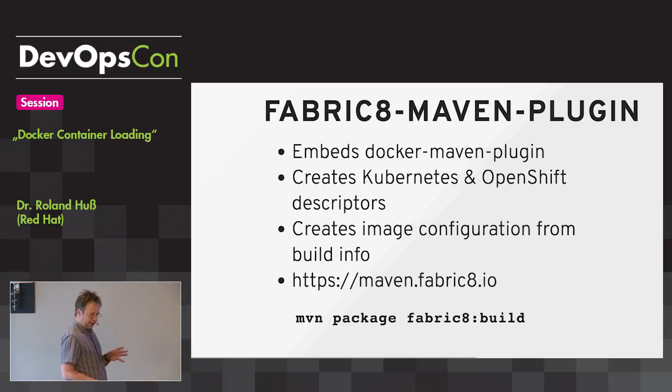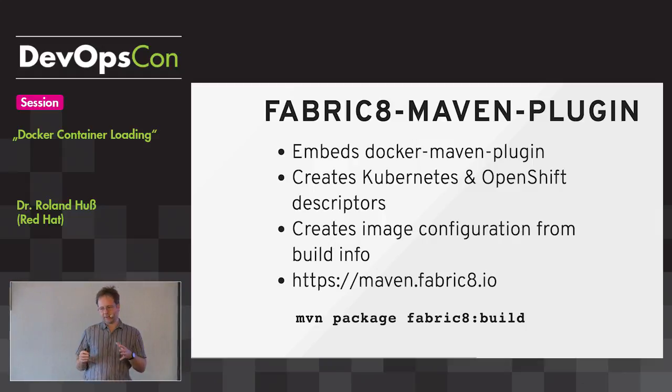Okay, this was the basic thing, which is good if you run with Docker alone. But we have something more, which is called the Fabric8 Maven plugin. And this Fabric8 Maven plugin builds on top of the Docker Maven plugin. Actually, it embeds the Docker Maven plugin, so the Docker Maven plugin itself isn't part of this Fabric8 Maven plugin.